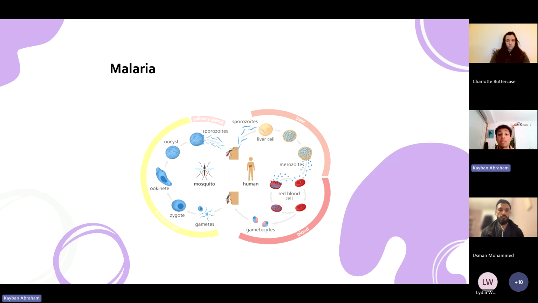Actually, it doesn't. Mosquitoes are where malaria wants to be, because that's where it sexually reproduces. It gets into the body in order to build a massive load of parasites and then go and infect loads and loads of mosquitoes. So what happens is you get bitten by a mosquito, they release some parasite, they go into your liver to build up a load, and then it's a game of getting out of the body as quickly as possible. That's why they enter the blood cells.